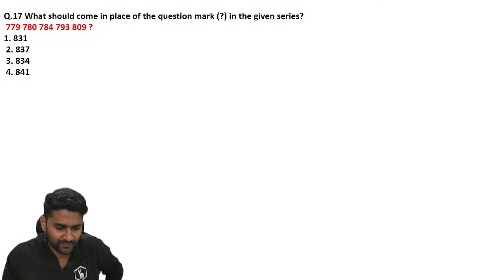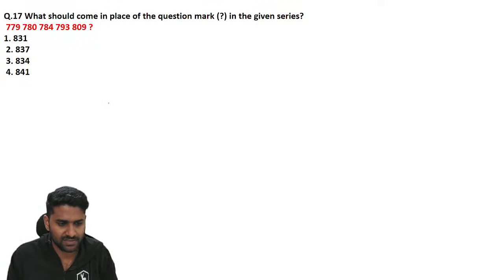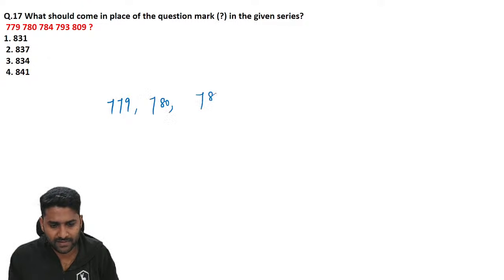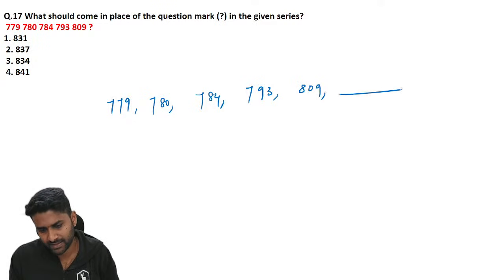Next, find the next number in the series. Here the numbers are 779, 780, 784, 793, 809, dash.